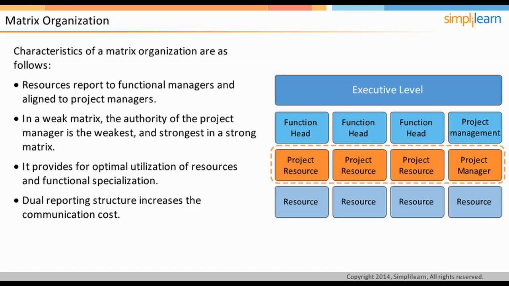This is because every resource in the organization belongs into a project and into a function, leading to a dual reporting structure. In a matrix organization, project management happens at project resource level. In the next screen, let us summarize the advantages and disadvantages of different organizational structures.